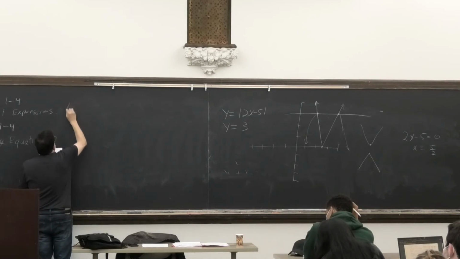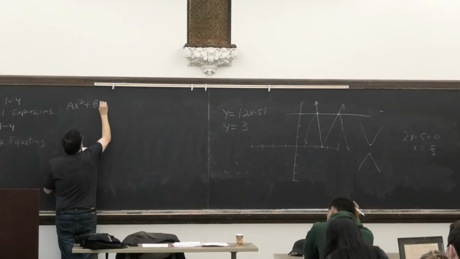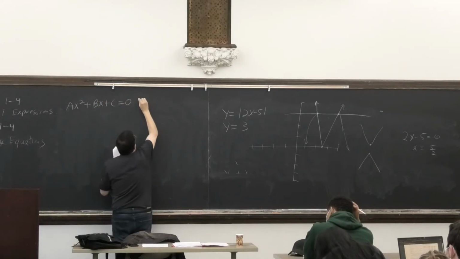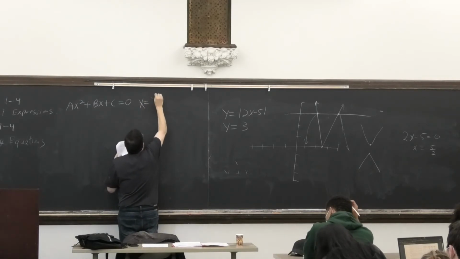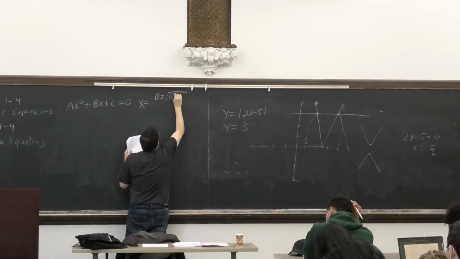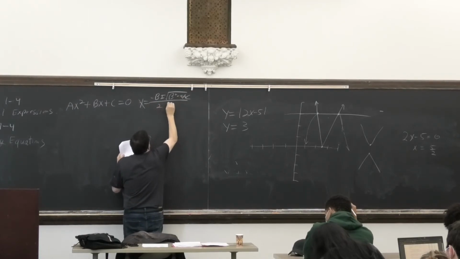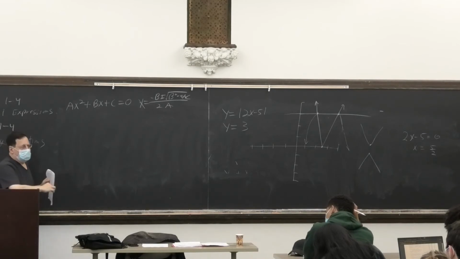Of course, if I have the equation ax squared plus bx plus c equals 0, we all know now that x can be negative b plus or minus the square root of b squared minus 4ac, all over 2a.